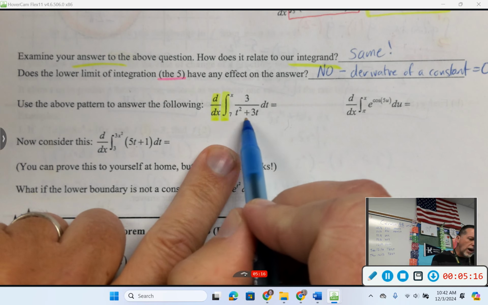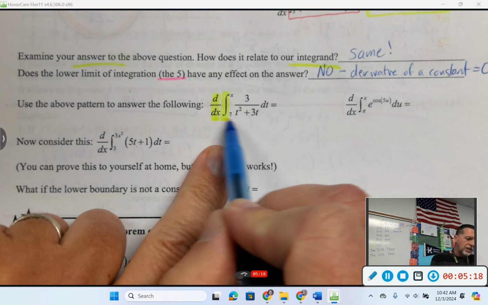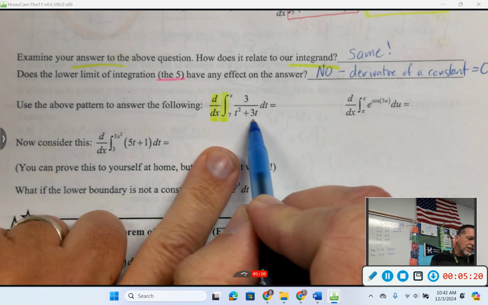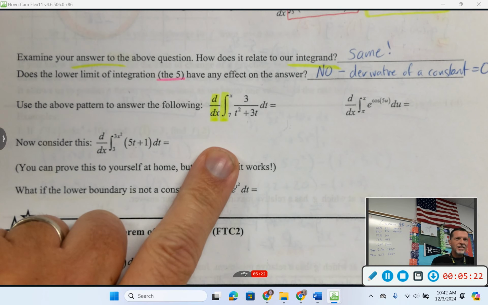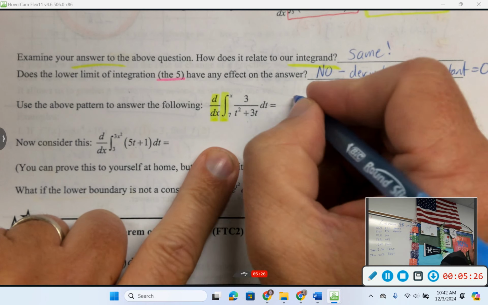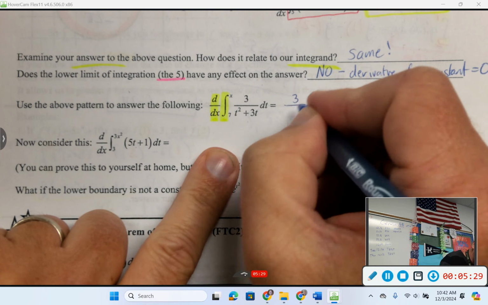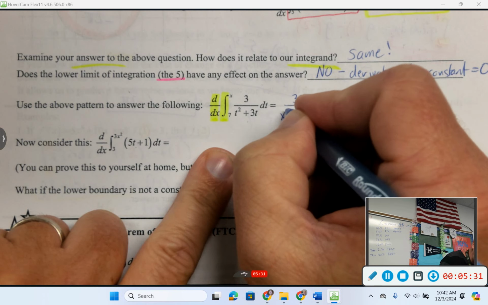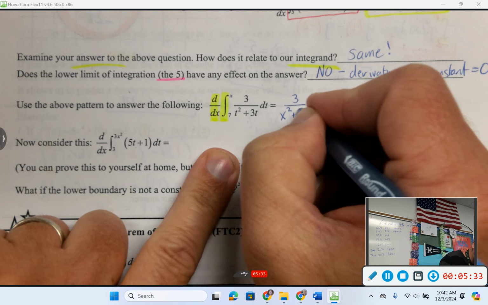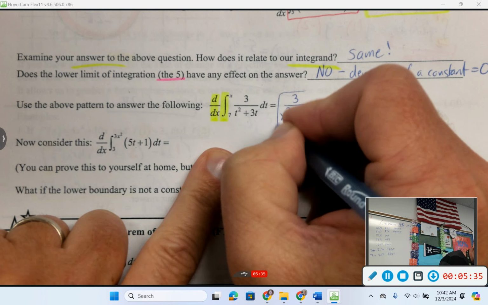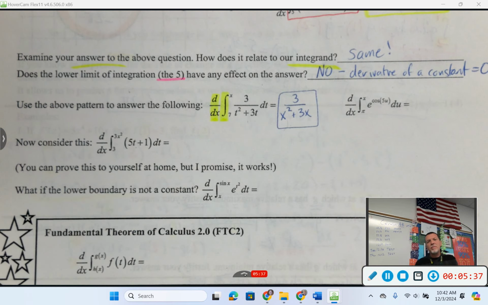So, do you know what we do to get the answer to this problem? Just put X in for T. Rather than actually taking the steps, I just know that the steps cancel each other out, and I'm right back to where I started, except I've got an X instead of a T.